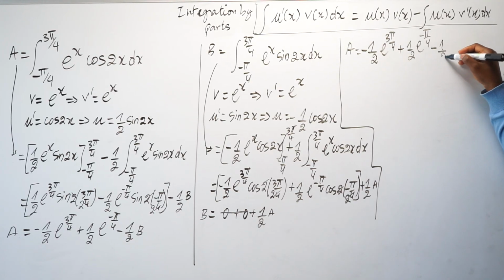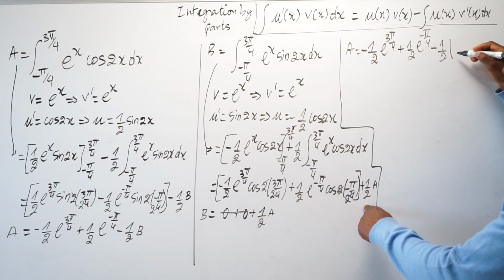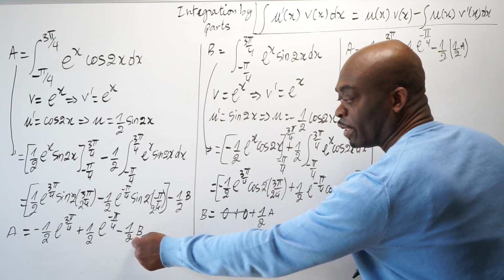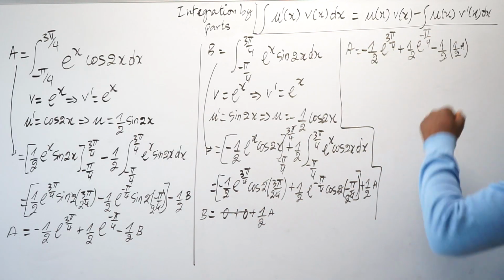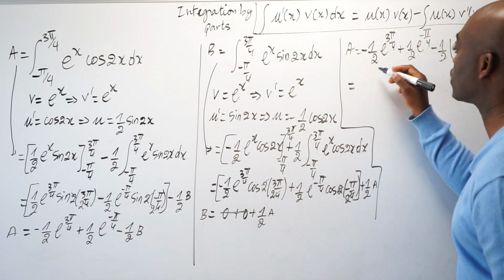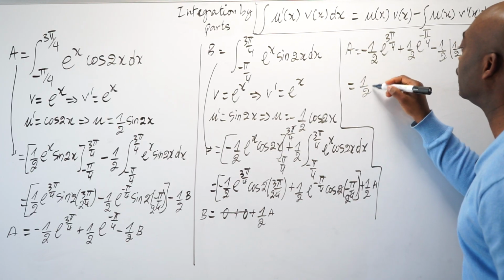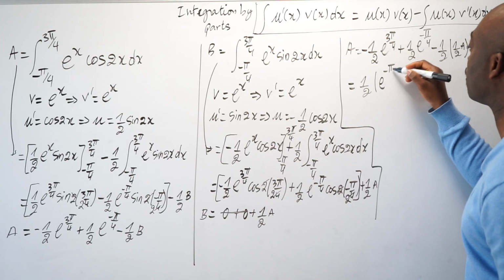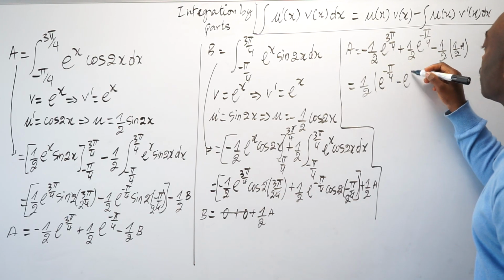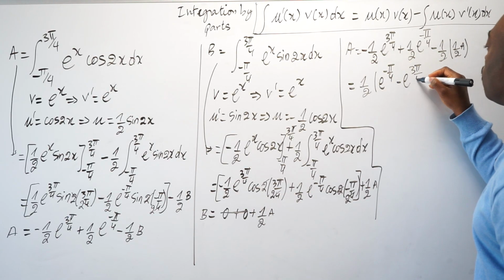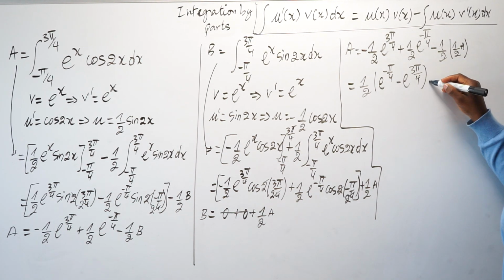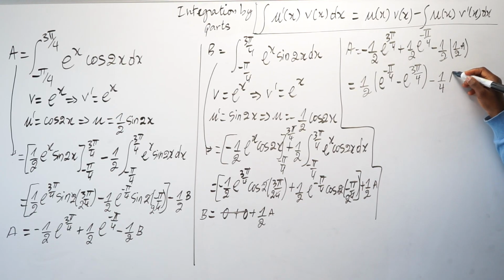Minus 1 over 2 times b. b is 1 over 2a, because we're following this, negative 1 over 2 times b. So that's what we have. So a is equal to what? I can take out the half and rearrange this one: exponential negative pi over 4 minus exponential 3 pi over 4. Okay? And then minus a quarter of a.